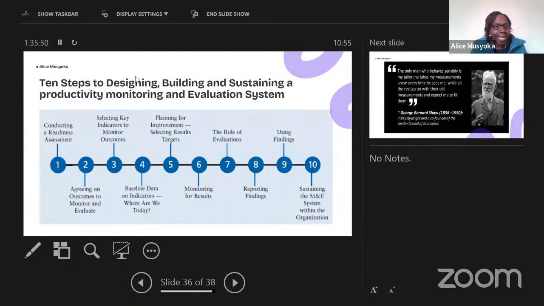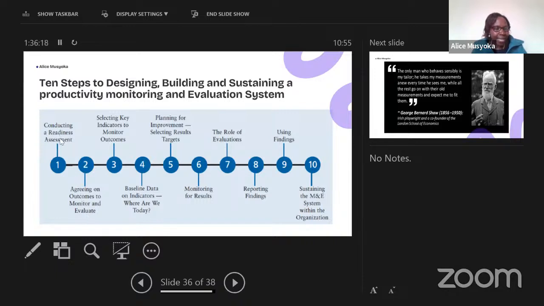We look at the 10 steps of designing, building, and sustaining a productivity monitoring and evaluation system. So we have 10 steps here. And the first step is conducting a readiness assessment. As in, how ready are we to carry out productivity monitoring?